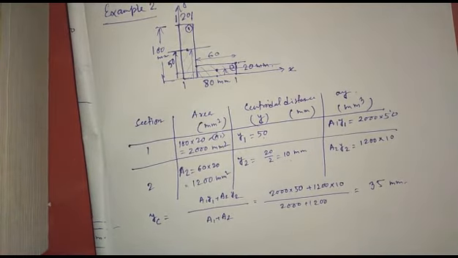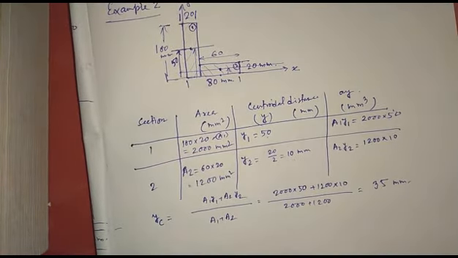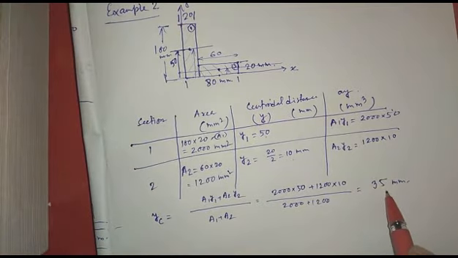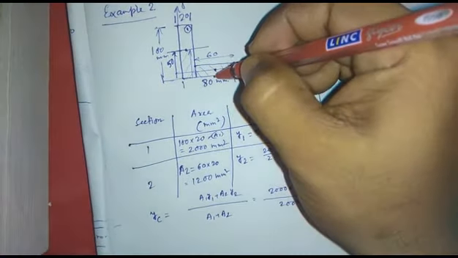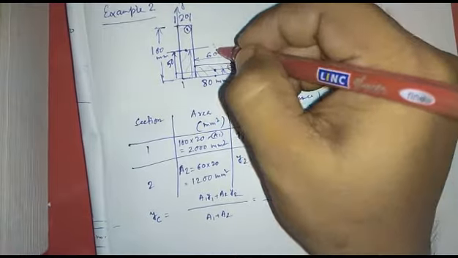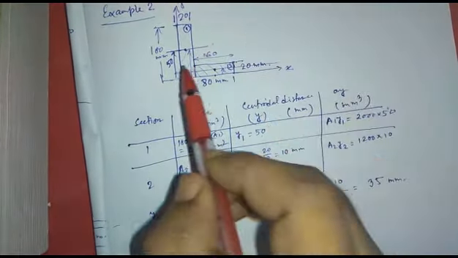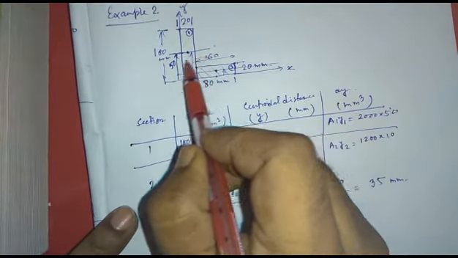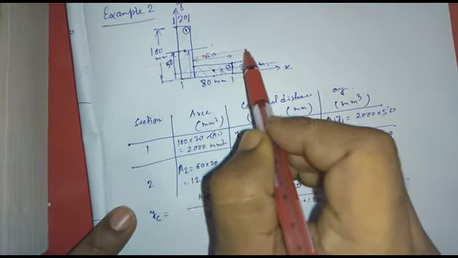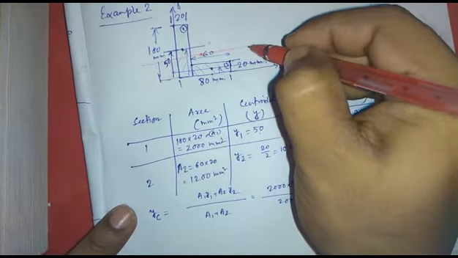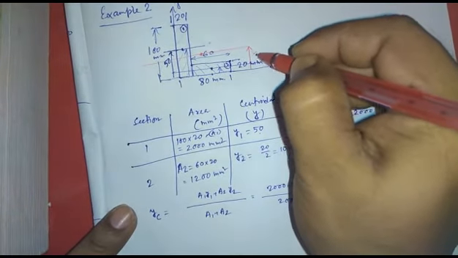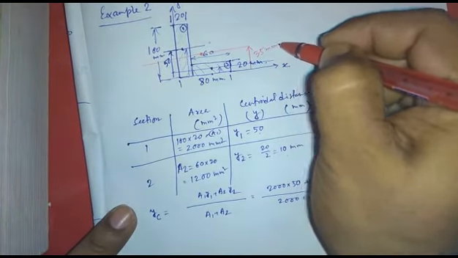So the centroidal axis is at a distance of 35 from this axis. Say this is 50, so 35 will be somewhere here. So this red one is the centroidal x-axis at a distance of 35 millimeter.